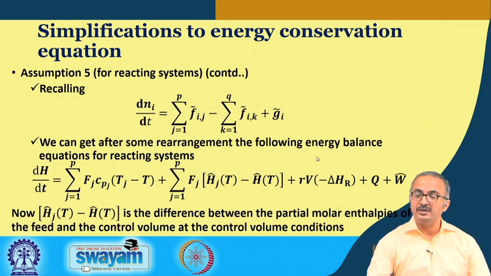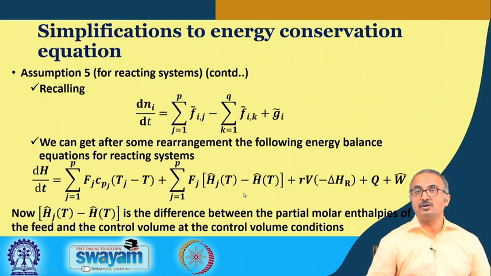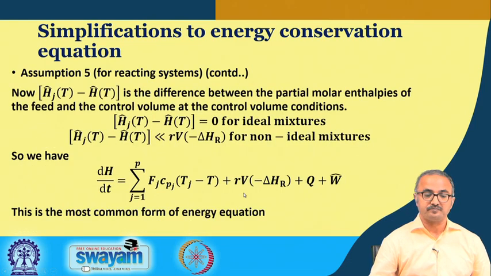That means the only extra term we have is due to the reaction, and this will be absent when we have a non-reacting system. Now, this particular term is the difference between the partial molar enthalpies of the feed and the control volume at the control volume conditions, that is, both are at the same temperature as that of the control volume.